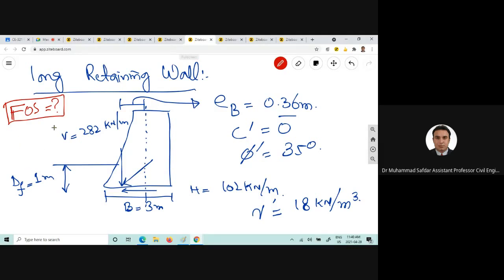Having the depth of the footing, width of the footing given, vertical load and horizontal load information given, information about the eccentricity, shear strength parameters, and the unit weight is also given. Now, from where to start again? Step 1.